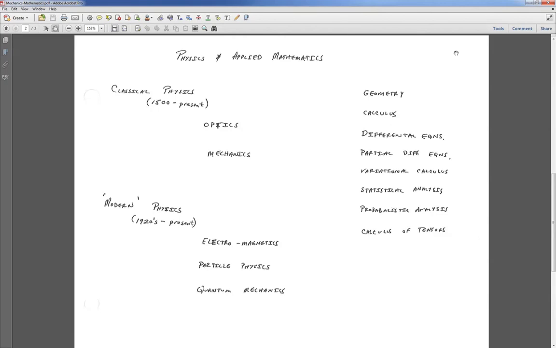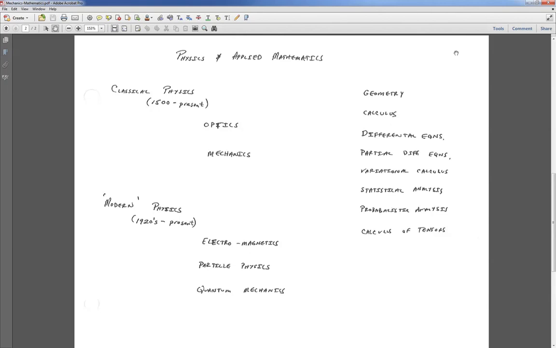So the things that we're going to learn about typically will be Newtonian type physics, the classical physics. However, like I mentioned, there are some applications where we can take some of our ideas and incorporate them into more modern physics. And in fact, as we get along into the course, we'll see that some of the great discoveries of Einstein seem to me to be very much based on continuum mechanics.